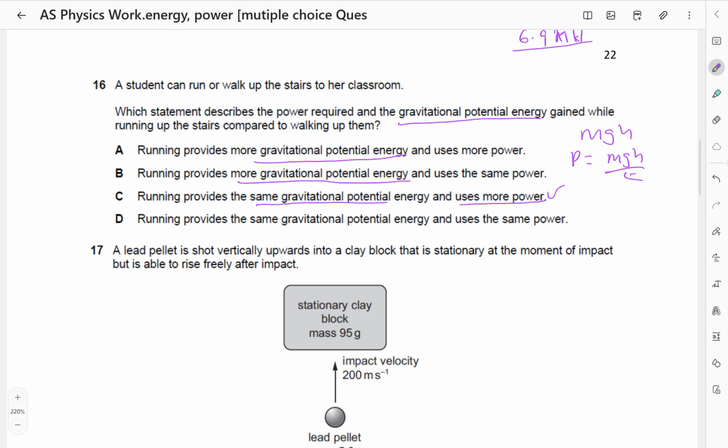Yes, this is true because the power is greater when the time is smaller. So this one is the most correct answer. The same work is done, equal to mgh, whether you are running or walking, but the time is what determines the power.